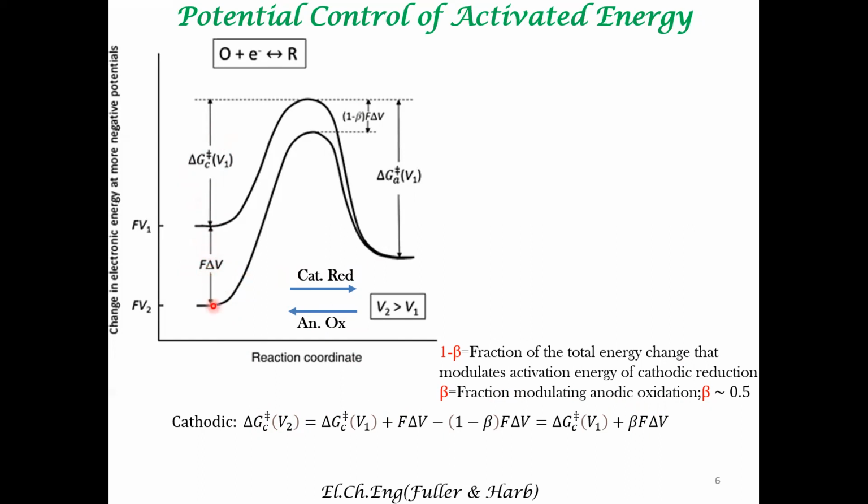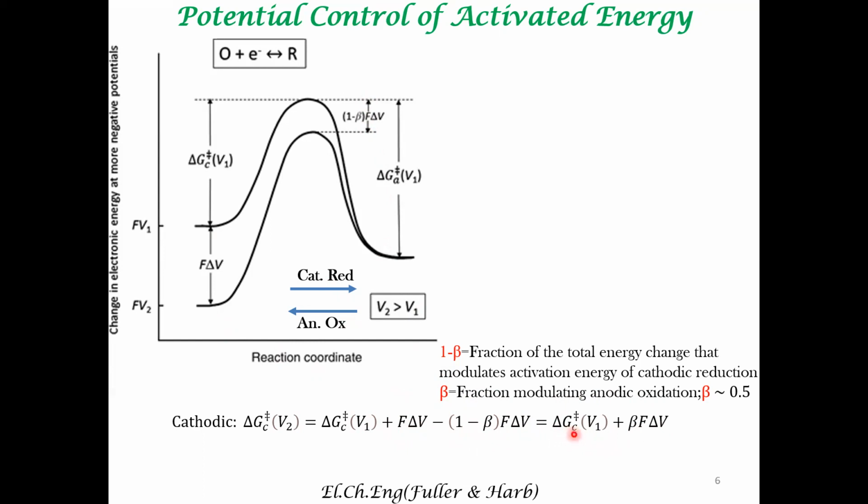If this goes down, that is your energy of the reactant state goes down, your activation barrier is going to increase by the amount F delta V, but the activated state energy decreases. Okay, so corresponding to increase in the reactant state, there is a decrease in the energy of the activated state by this amount, indicated here. If you add all the three quantities, you get this quantity.